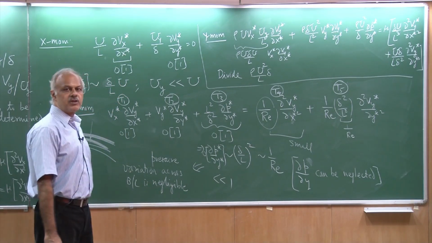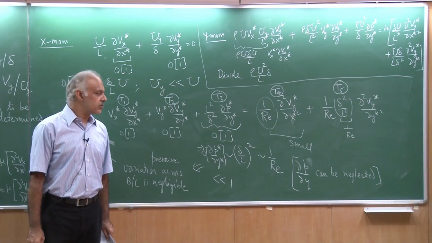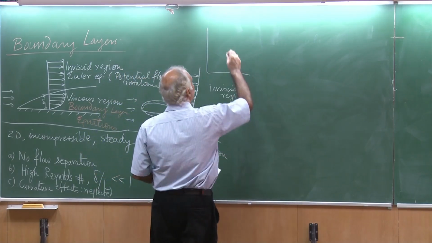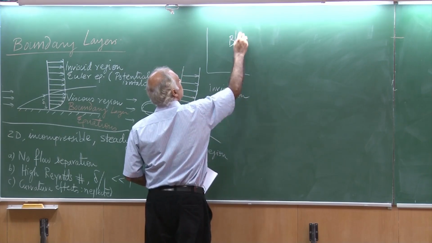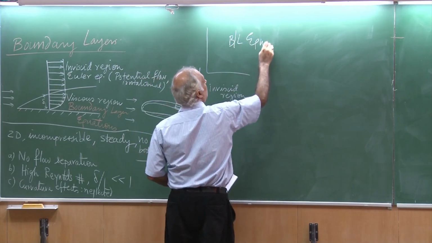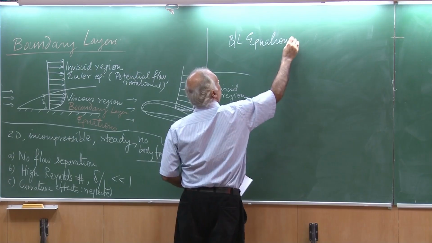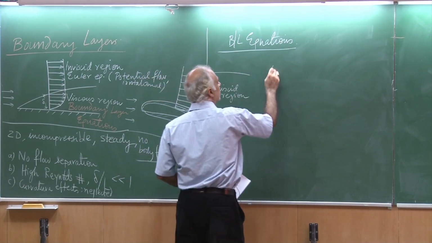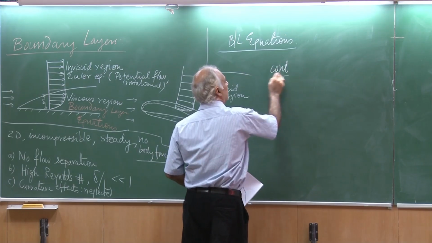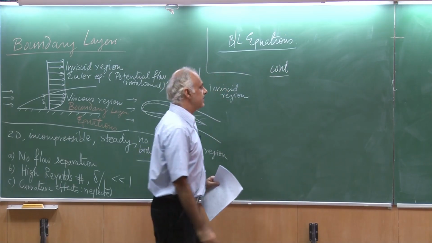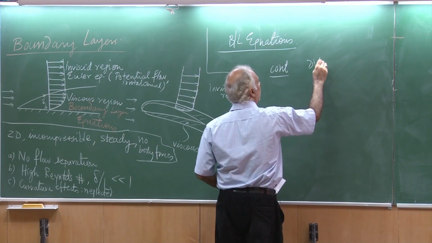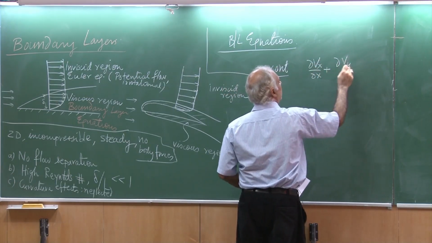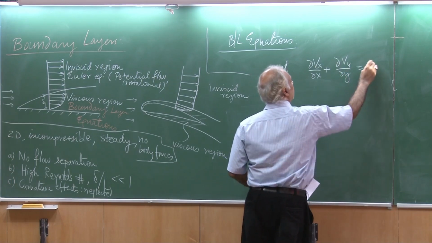So now let me write down the boundary layer equations for you after this analysis. The first is the continuity equation. There is no change to that. It remains as is: del Vx by del x plus del Vy by del y equal to 0.